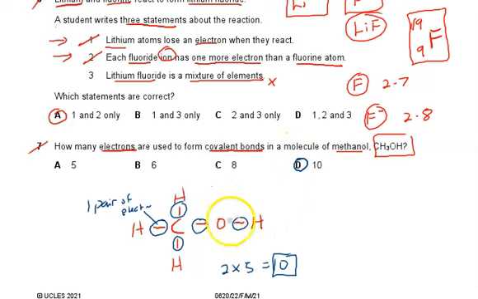Okay, if you still cannot get the picture of this, let us draw the Lewis structure. Carbon has 4 valence electrons. Hydrogen has 1. So I'll draw the cross for the carbon and the dot for the hydrogen.